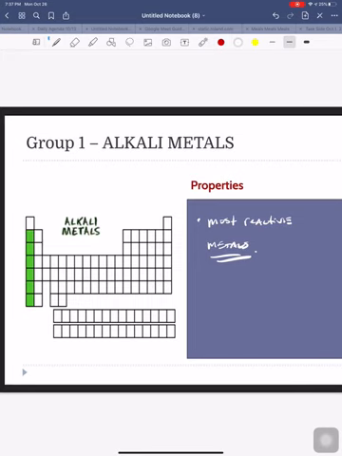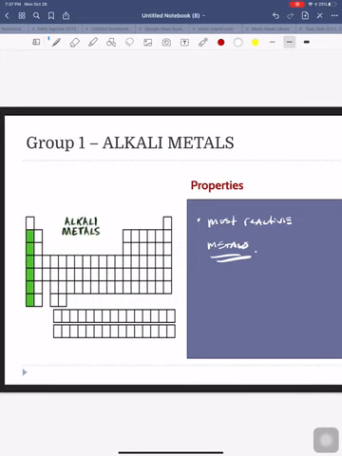But it's so volatile, you can't even keep it around long enough before it's reacted out. And so it's very hard to study something that doesn't stay around. Like when we make the new elements, they're just not around long enough. This one is so reactive, it's not around long enough, not unstable. But all of these are very intensely reactive.